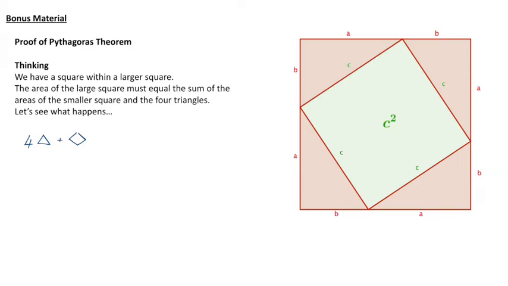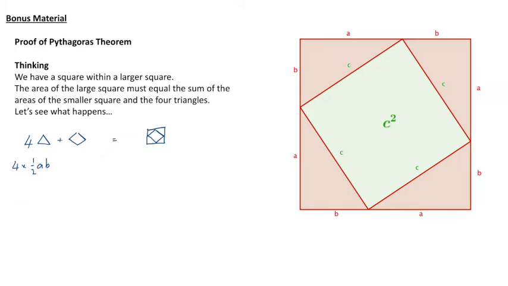Well, we've got four triangles plus the green square, which I've denoted by a square at an angle like that, and that must equal the area of the whole shape. The triangles, each of them has sides of A and B. The sides are at right angles, and so B can be thought of as the height, and so that's just a half times the base A times the height B. They're all the same, so we have four of them.